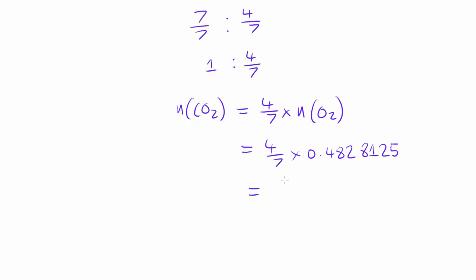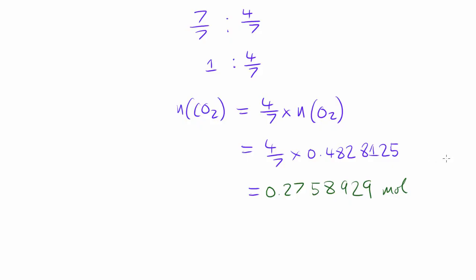So you're going to get 0.275892, and then this 8, well, it would have been an 85, but I'm going to round this up, so it's going to be a 9, and that's going to be in moles. So this is actually our number of moles of carbon dioxide.